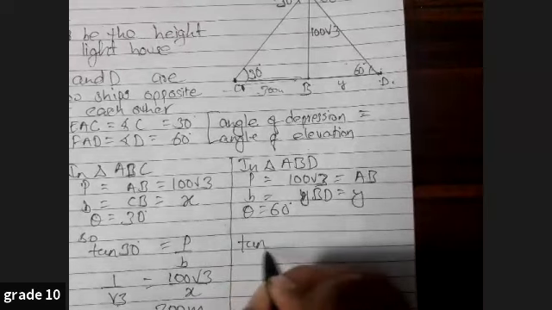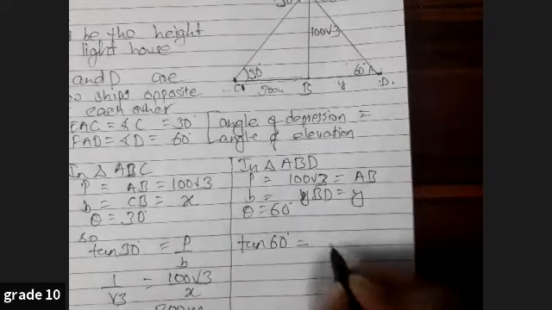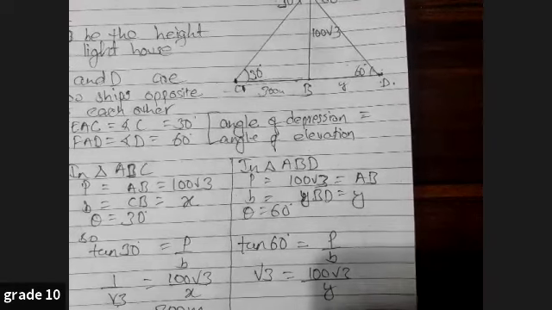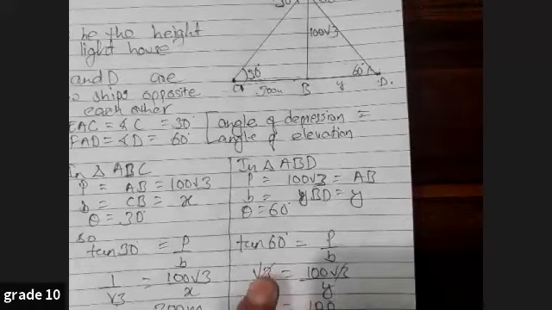Now tan 60 degree is equal to P by B. This is root 3, and P is 100 root 3, and B is Y. So Y equals just 100. The root 3 will be cancelled, and Y into 1 is Y.